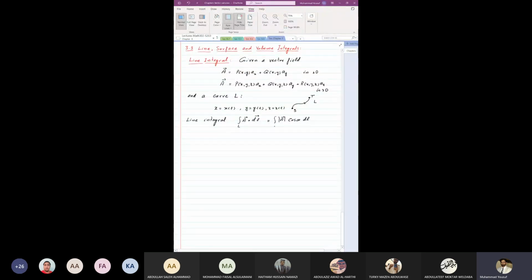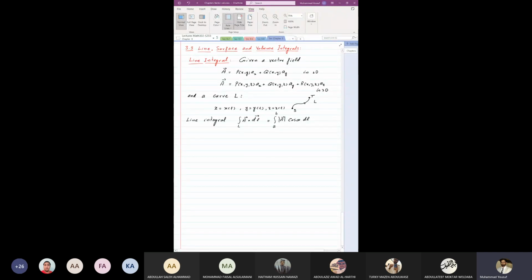And so in the book, they are saying it is going from point A to point B. Point A is a starting point like S, point B is the ending point like T. This will become more clear when we do some examples. Now, it is also possible that this L is a closed curve. Here, what I'm showing you is an open curve.